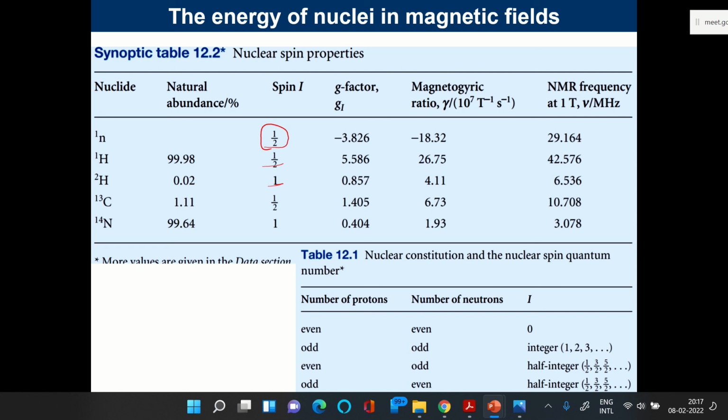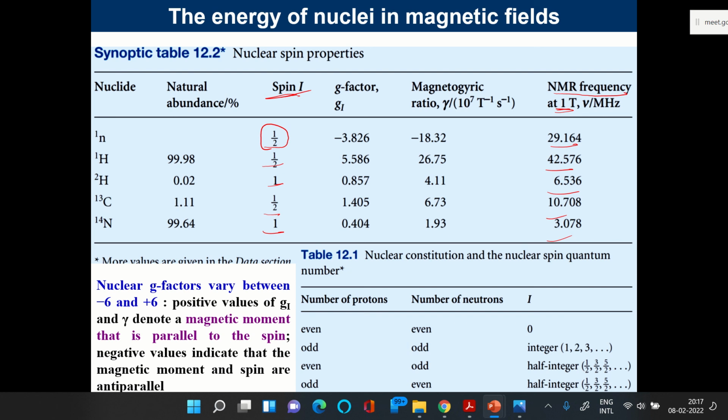Hydrogen, deuterium, C13, C14: everything whose total spin quantum number is not zero will be magnetically active and will respond when you apply a magnetic field. So the frequency, if you calculate at 1 Tesla, is 42 megahertz, 29 megahertz, 6.5, like this.